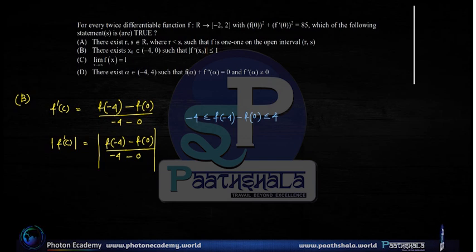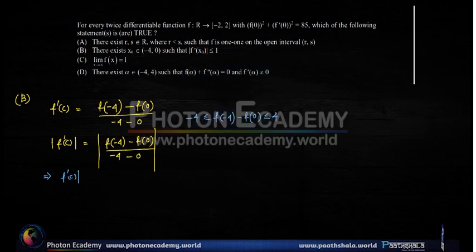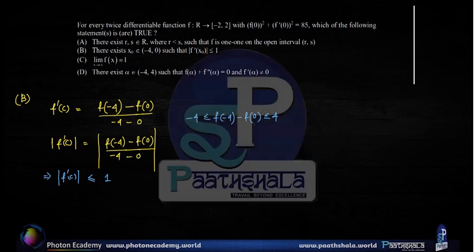Applying that value, we get mod of f dash c is always less than or equal to 1, because 1 and minus 1 are the extreme values of f dash c. Hence, we see that option B is true.